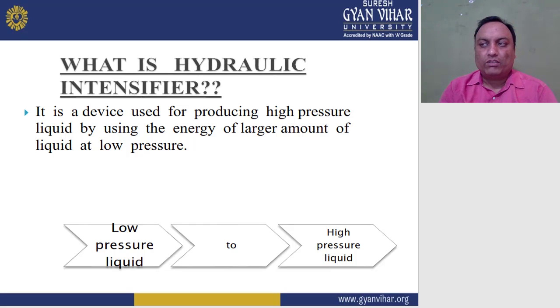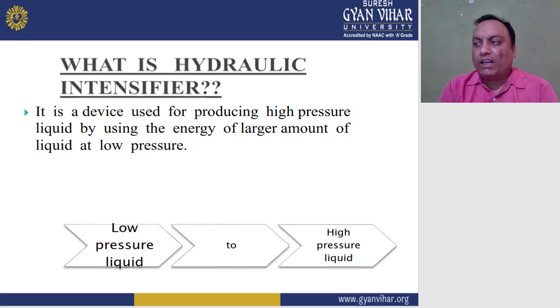Some hydraulic machines require high pressure for heavy working, but this high pressure cannot be obtained by using a pump. Some of these hydraulic machines are the hydraulic press, hydraulic ram, and hydraulic lift, etc. These machines require high pressure for their operation.